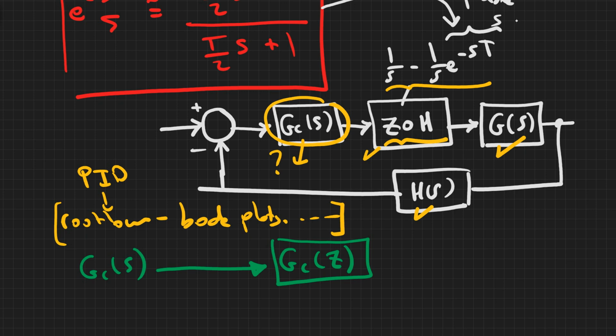Once we have the discrete time version of the controller, we can easily implement it. We can obtain its difference equation, and we can implement it digitally in software or in hardware, as we explained in the previous lecture.